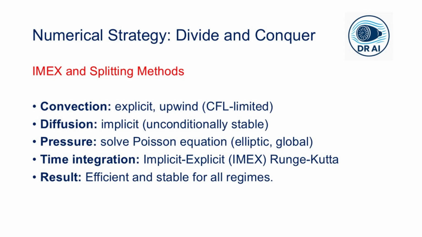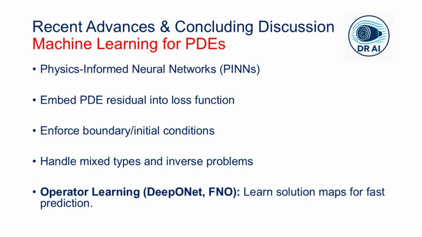For the pressure velocity coupling, we use projection methods, or the pressure Poisson's equation, which is elliptic, requires the global solve. And the fourth is the time integration, which is explicit for the convection, CFL limited, implicit for the diffusion and the pressure, which allows larger steps. So this is often called implicit explicit, abbreviated as IMEX. This hybrid strategy respects the local mathematical nature of each term.